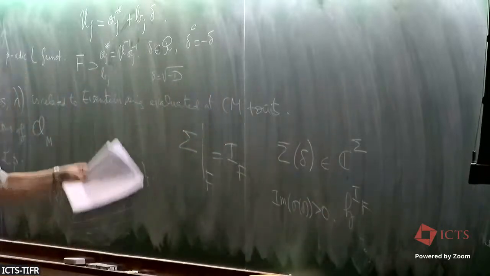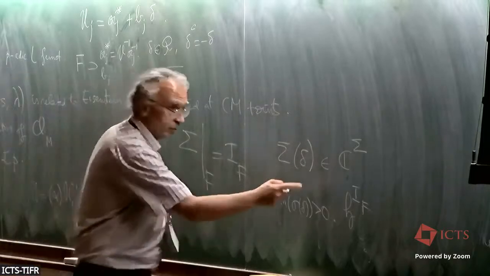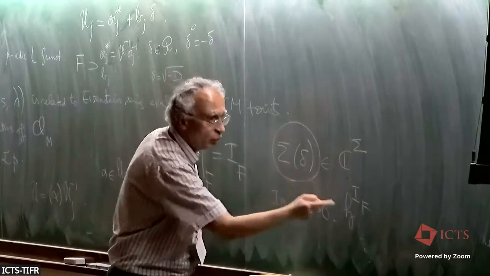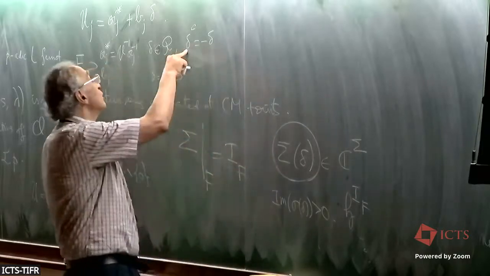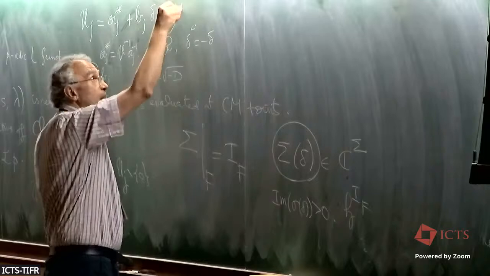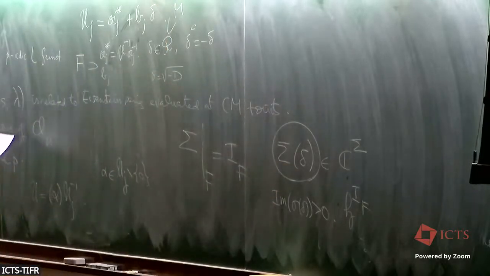I mean, that's what you choose. And so that's a point in the Hilbert space, and that's a CM point because it is given by an element of M. That's the CM point at which you evaluate your Eisenstein series in order to find these values.